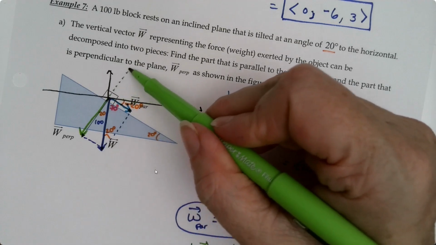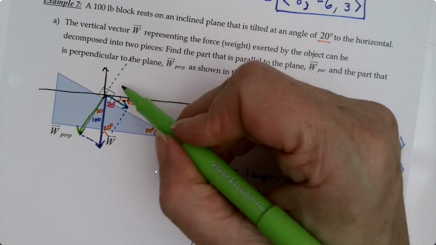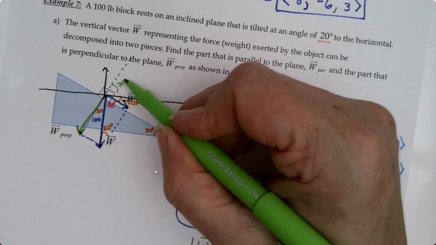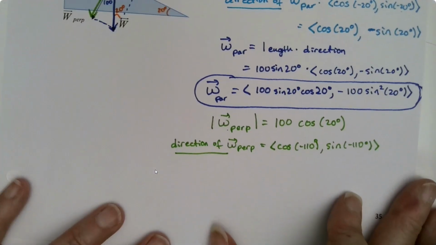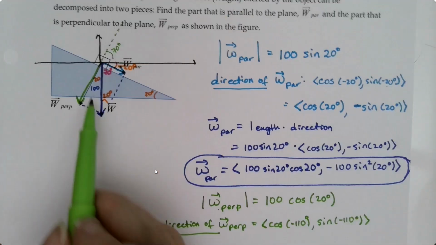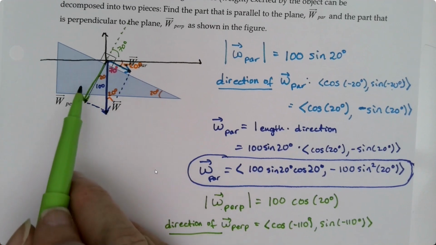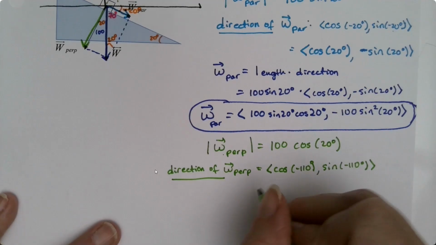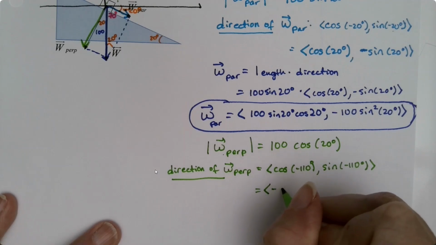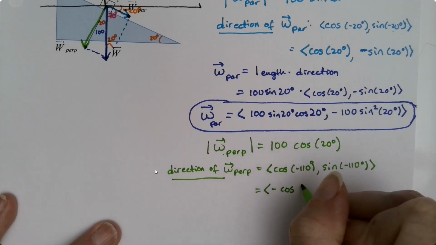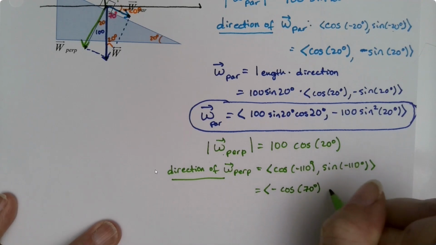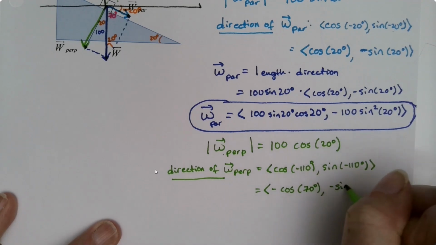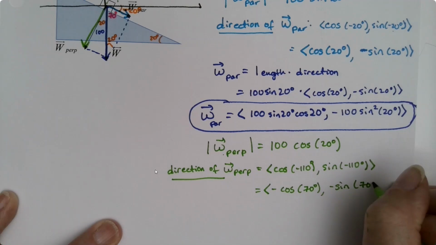On the back side, if I go the other direction, that's 70 degrees, right? And I can see that I'm just heading in the opposite direction, so the cosine and sine will be negative. So this would be equal to the negative cosine of 70 degrees and then the negative sine of 70 degrees.